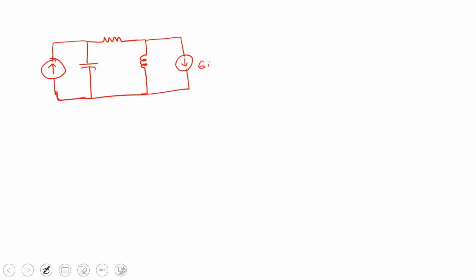Say it is 6 amperes. This is 2 Henry, this is 5 ohm, this one is 1.5 farad, and this is 4 u of t, 4 into u of t. All right.